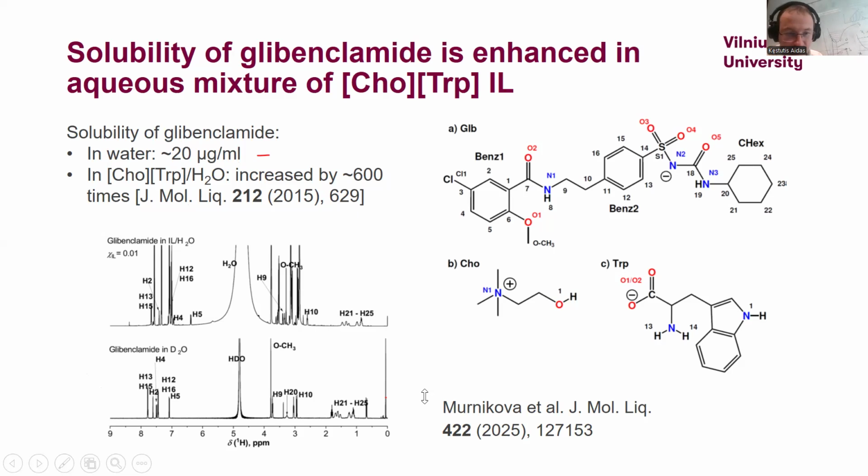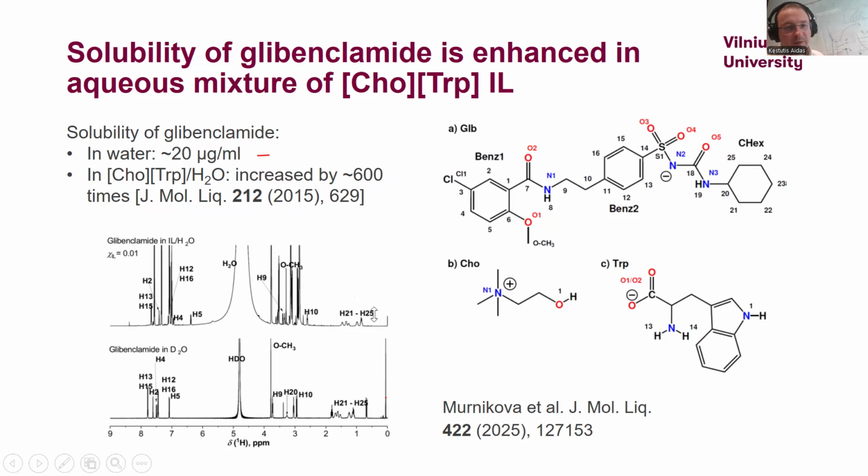It's admittedly not in normal water, but in heavy water, but still in water. So we are very proud that they were able to measure the NMR spectrum of glibenclamide dissolved in heavy water.